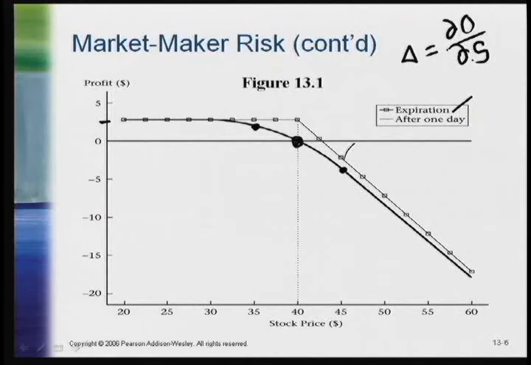But the delta is effectively the slope of the tangent line to the price at 40. So when the market maker sold this option, the price of the stock was $40, and the market maker could figure out the delta position, and the delta is the slope of the tangent line to this curve.